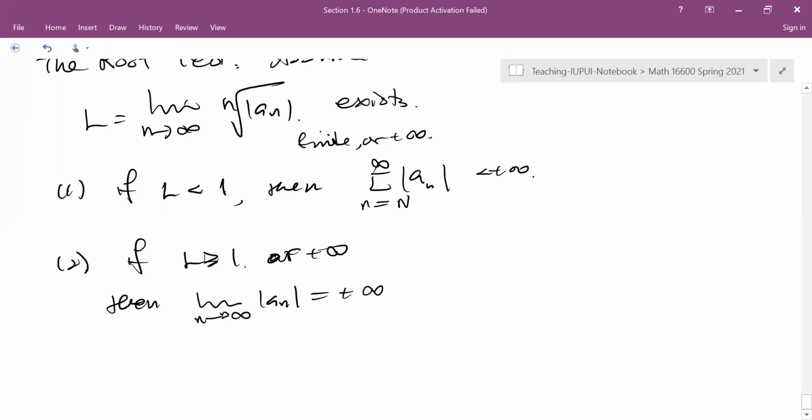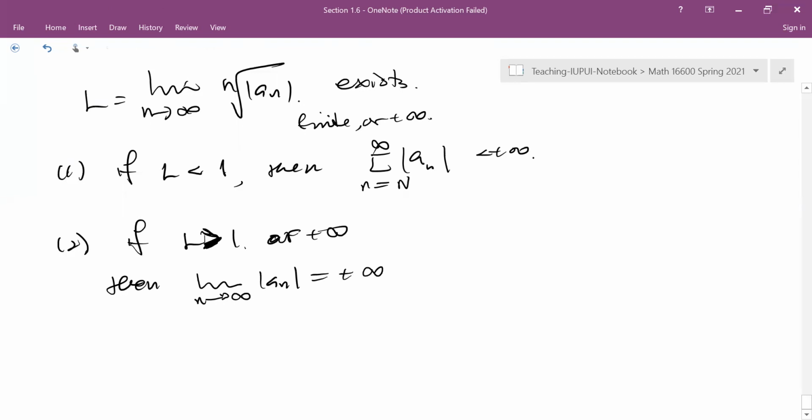When L is greater than 1, the series is divergent, and when L equals 1, it's inconclusive.